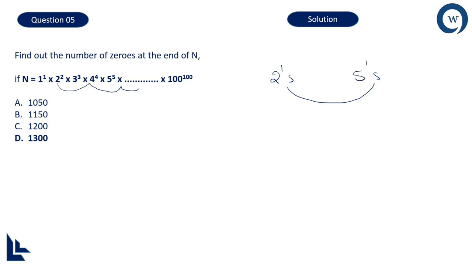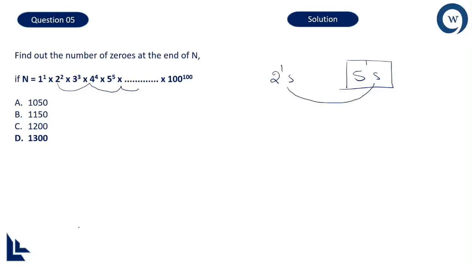Whichever value's frequency is less, you have to count only that. In this case, 5 is less, right? That's why it is enough for me to count the number of 5's. Of course, that many 2's at minimum will definitely be there in the value. So that is the number of 5 into 2 combinations, and that's the understanding.